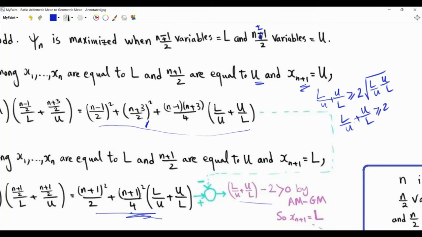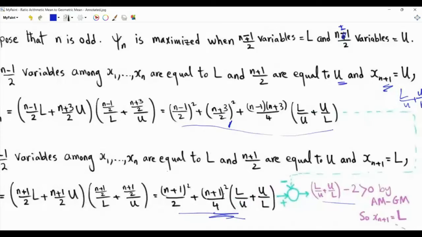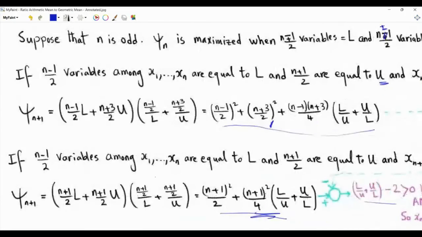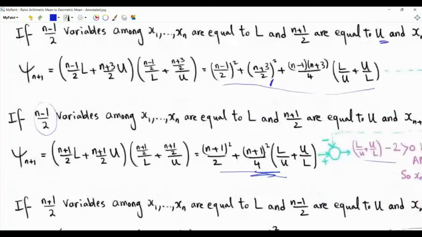Moreover, we have equality if and only if L is equal to u, but u is strictly larger than L. Then this bracket minus 2 is strictly positive, which means that the way to go for maximization is, if you start with (n-1)/2 variables that are L and (n+1)/2 variables that are u, to increase the number of variables equal to L, so that now we have (n+1)/2 variables equal to L and (n+1)/2 variables equal to u.